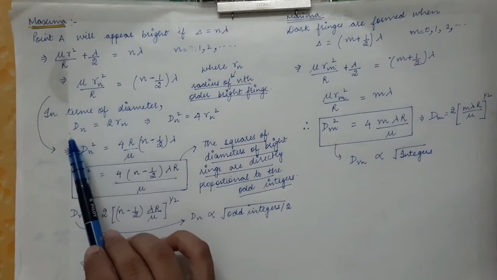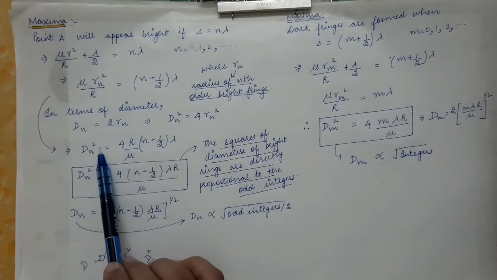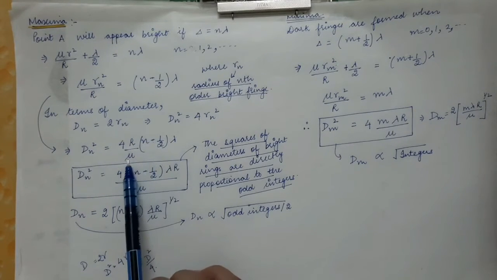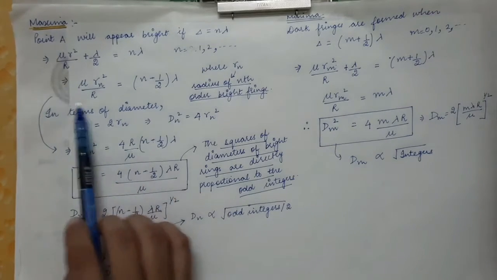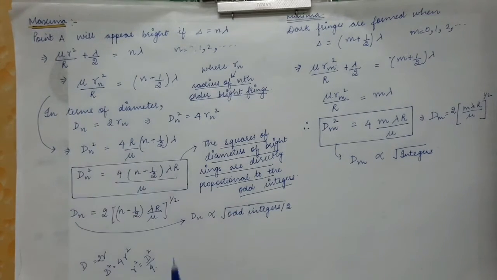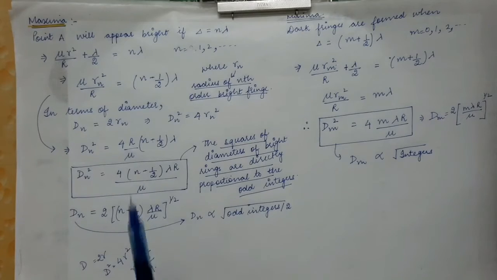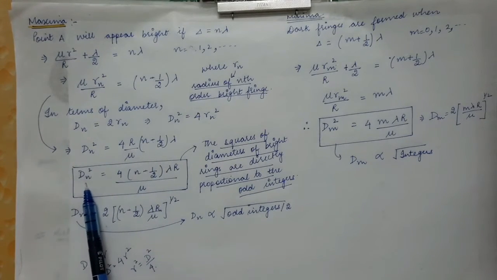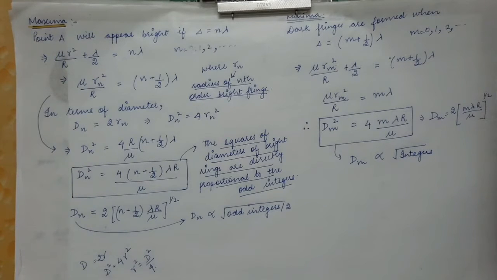So we will get Dn square equal to 4 times capital R, n minus half, times lambda divided by mu. If you put Rn square as Dn square by 4, you will get this expression for the square of the diameter of the nth circular bright fringe.